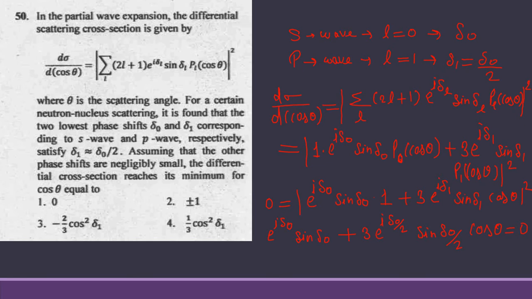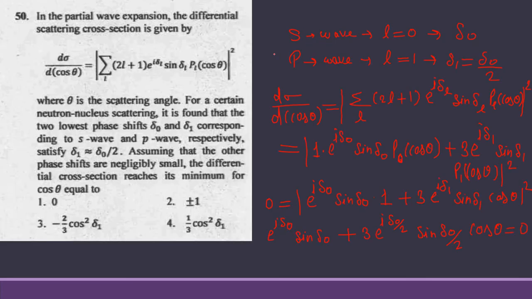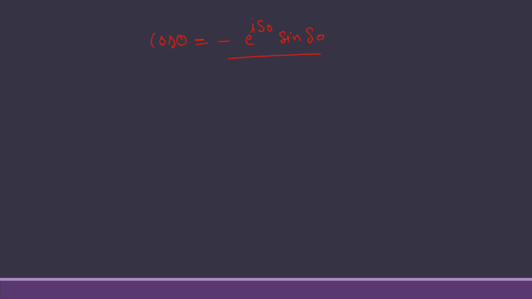So cos theta will be equal to minus of e to the power i delta naught sin delta naught divided by 3 e to the power i delta naught by 2 and sin delta naught by 2.